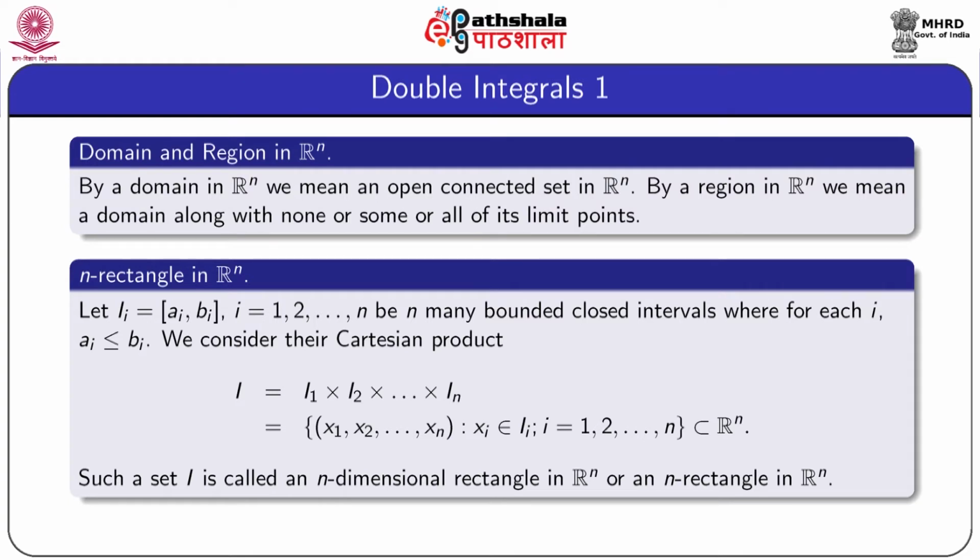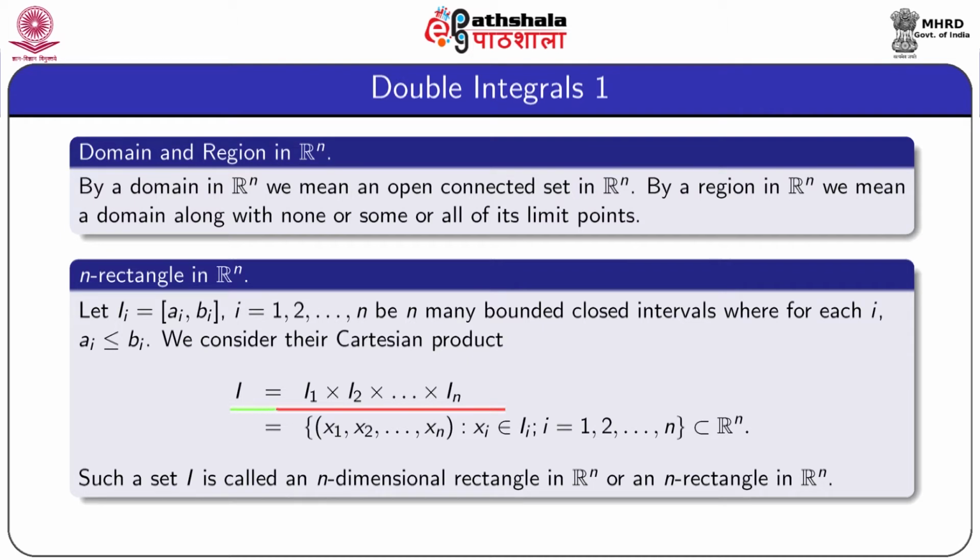Next we study n-rectangle in Rn. Let Ii equal the bounded closed interval [ai, bi], where i runs from 1 up to n, along naturals. Let these be n many bounded closed intervals where for each i, ai is less than or equal to bi. Now we consider their Cartesian product.